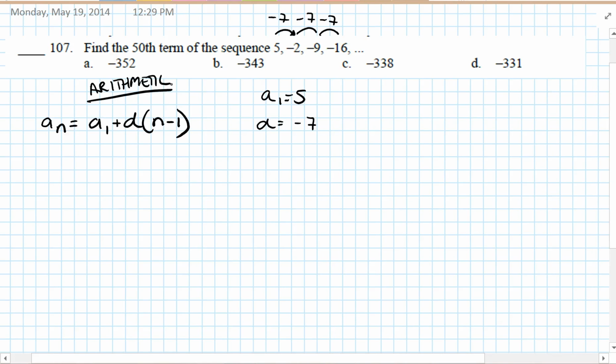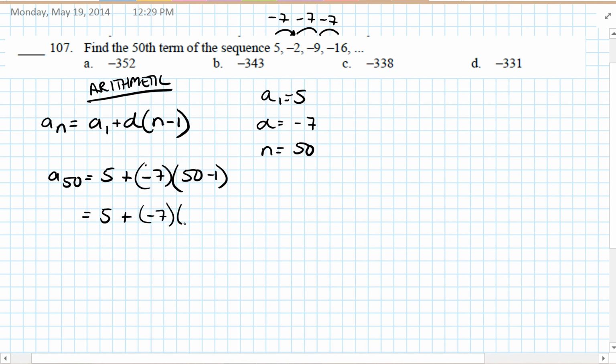Okay, it doesn't say write the formula. It just says find the 50th term. So our n value is 50. So we're just going to plug it all in. So the A of 50 equals A1, which is 5, plus our D value, which is -7, times n minus 1, so 50 minus 1. So our answer is going to be 5 plus negative 7 times 49.